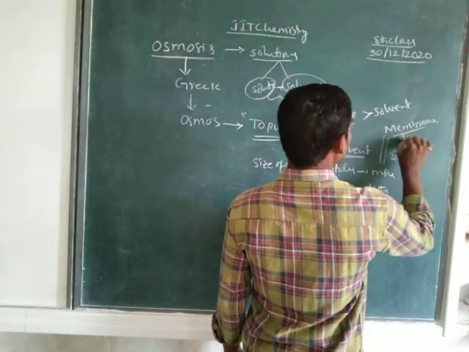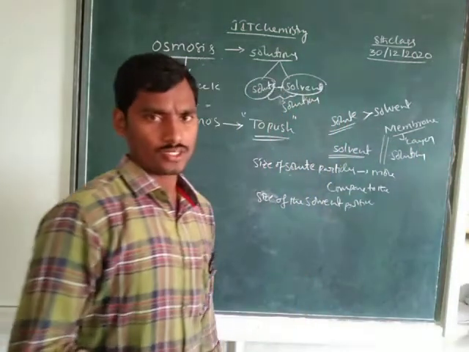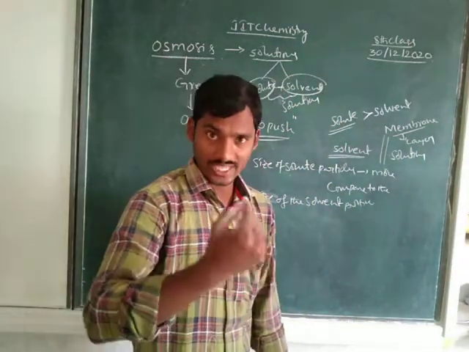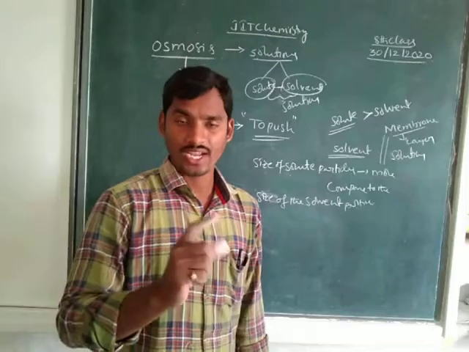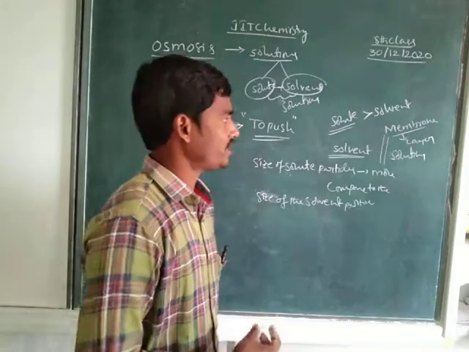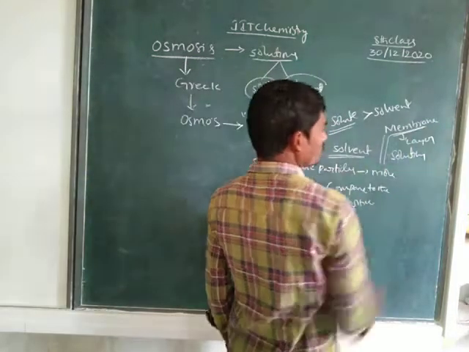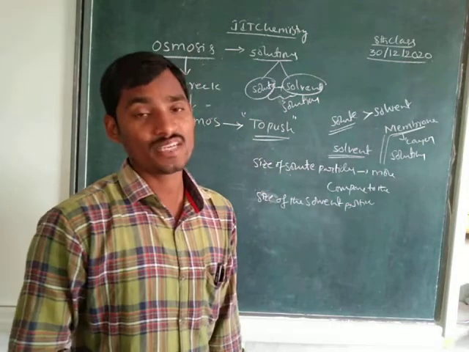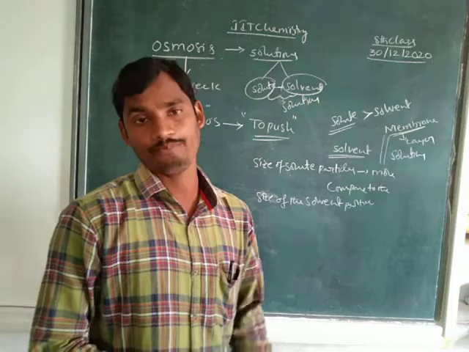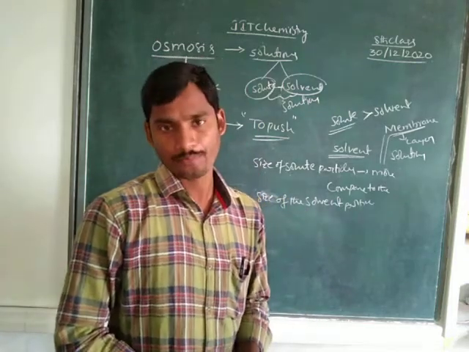The meaning of membrane is layer, like an onion layer or the layer of an egg cell. That layer we consider as a membrane, a semi-permeable membrane.